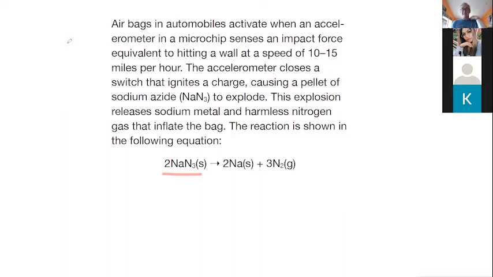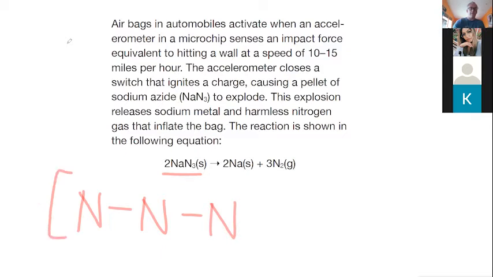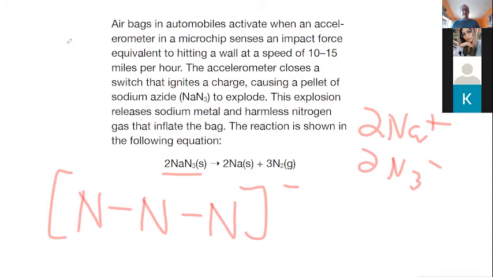Now, sodium azide is not very stable. And the reason is, this is the molecule. And the whole thing has a negative charge. So sodium is plus, and then we have two azide anions.